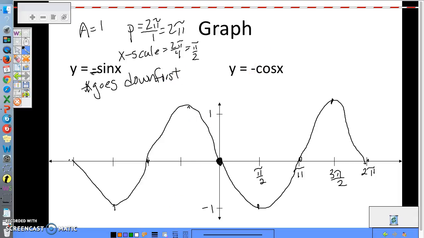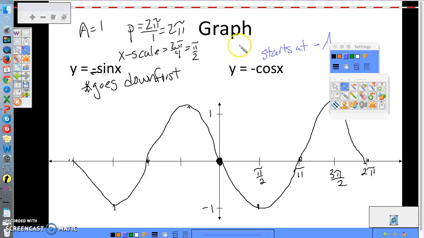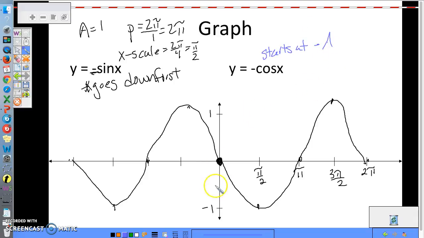And what about the cosine here? Well, instead of starting at positive 1, it starts at the negative A, or your negative amplitude. So instead of at positive 1, it'll start at negative 1, and then follow the pattern from there. So middle, high, middle, low.